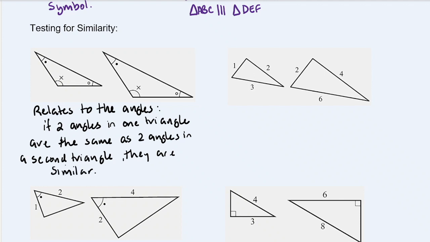And they kind of have to be, because that third angle must be equal as well. Now, the second test is all about the sides. So we want three sides that are in proportion to the three sides of another triangle.